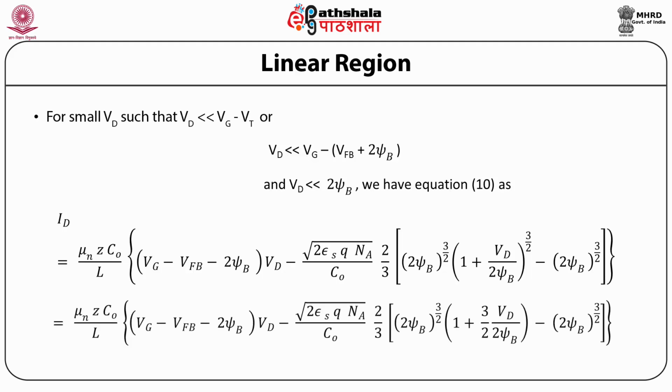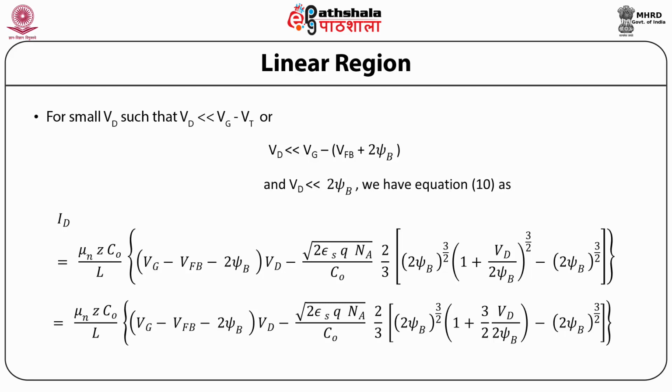So this is equal to mu n Z C naught by L bracket Vg minus Vfb minus 2 psi b. This whole is multiplied by Vd minus root of 2 epsilon s q Na by C naught multiplied by 2 by 3. This is multiplied by 2 psi b to the power 3 by 2 multiplied by 1 plus 3 by 2 Vd by 2 psi b.